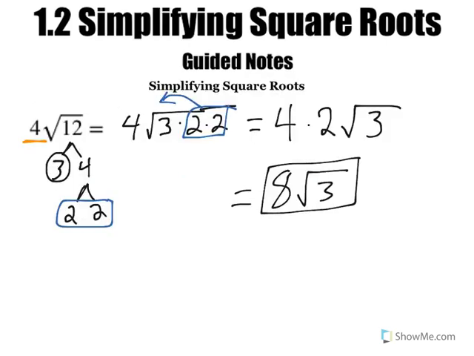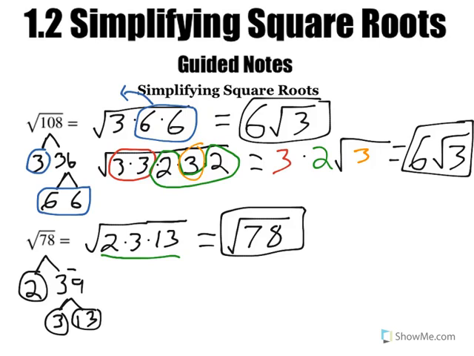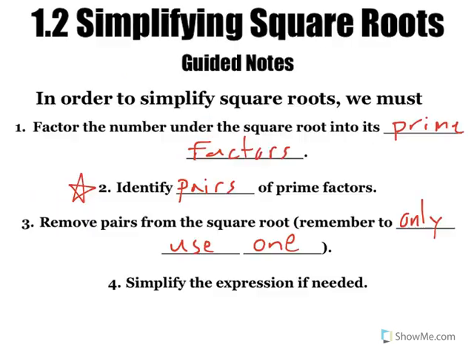So what I mean by that is when we brought this 2 out of the square root, I did not write 4 times 2 times 2. We only used one of those 2s, only used one of the pairs. Same thing when we did the 6 here. I did not write two 6s on the outside. Okay, so make sure you only use one of the pair.